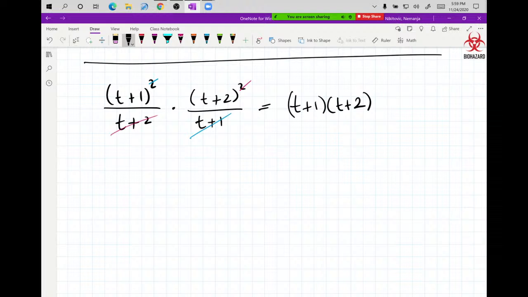All right, one more, and then we're going to move to division, which is more of the same, actually.